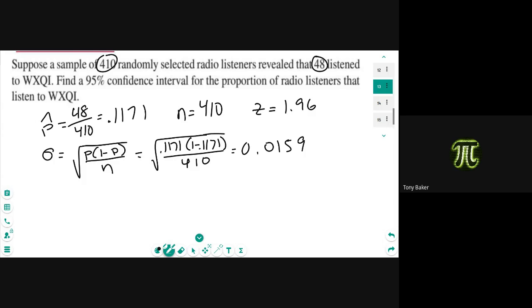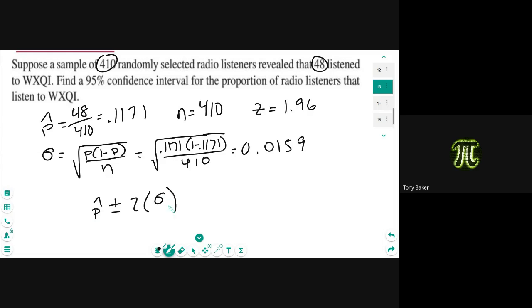Now we need to find our confidence interval, right? Think back to what we just did for our mean. It was my mean plus or minus the calculation, right? And this one is going to be my proportion plus or minus the z. Now this one, we only have to multiply it by its standard deviation.